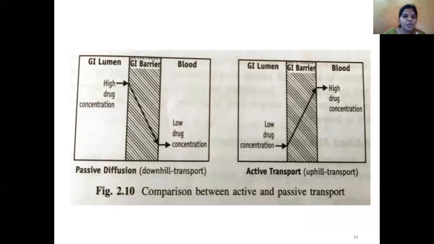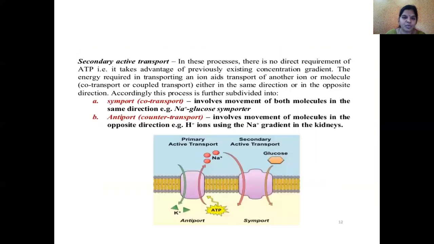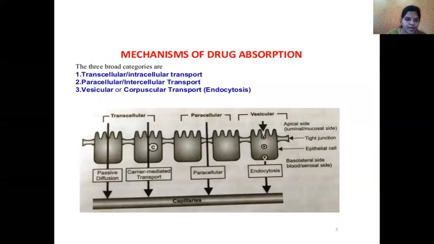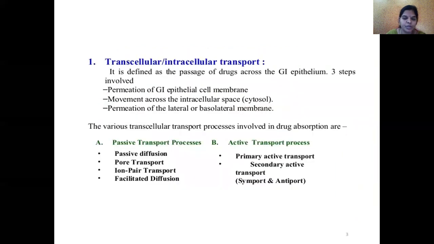Okay, till now what we discussed is intracellular transport, also called transcellular transport. Once again, I am showing the slides. See here, transcellular or intracellular, we discussed till now. It is categorized into two types, active process and passive process.